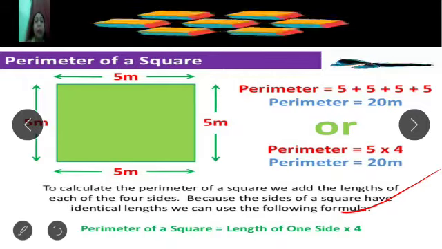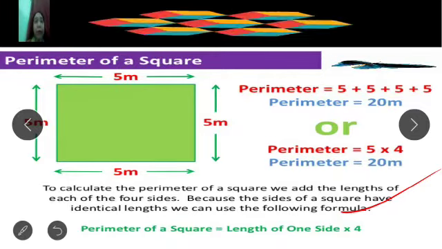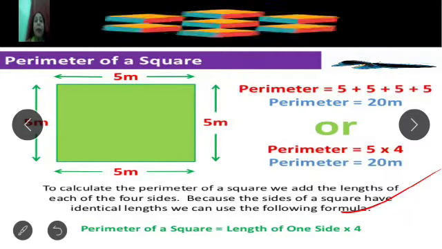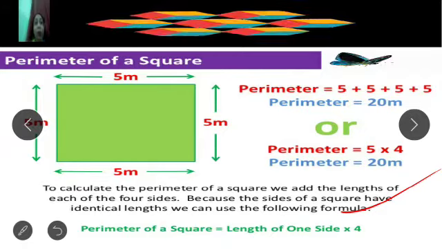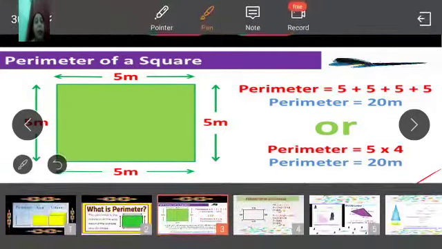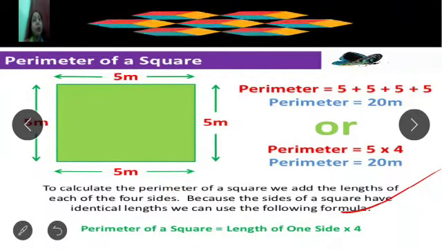It is written here also: to calculate the perimeter of a square we add the length of each of the four sides. Because the sides of a square have identical lengths, we can use this formula: perimeter of a square is equal to length of one side into 4. Is that clear, children? Now come to next.